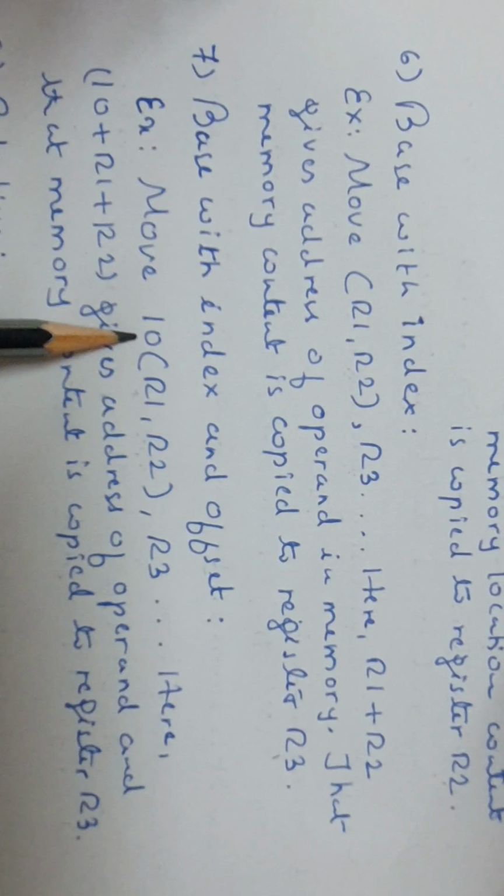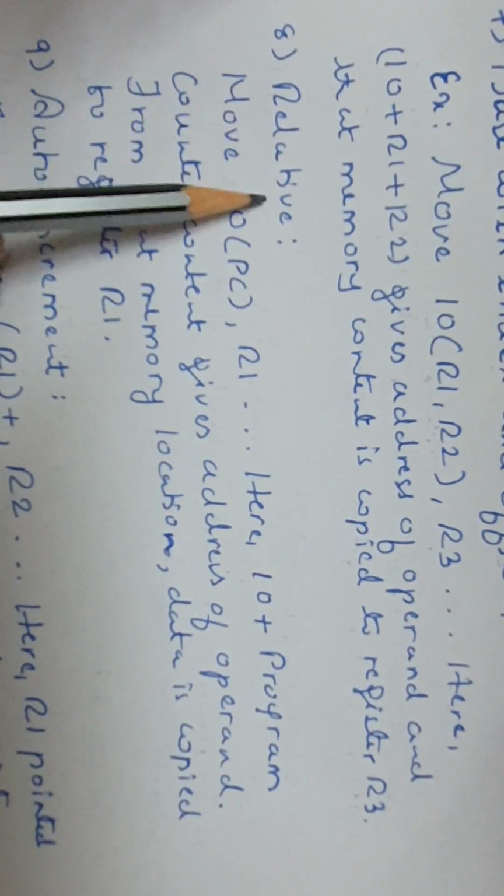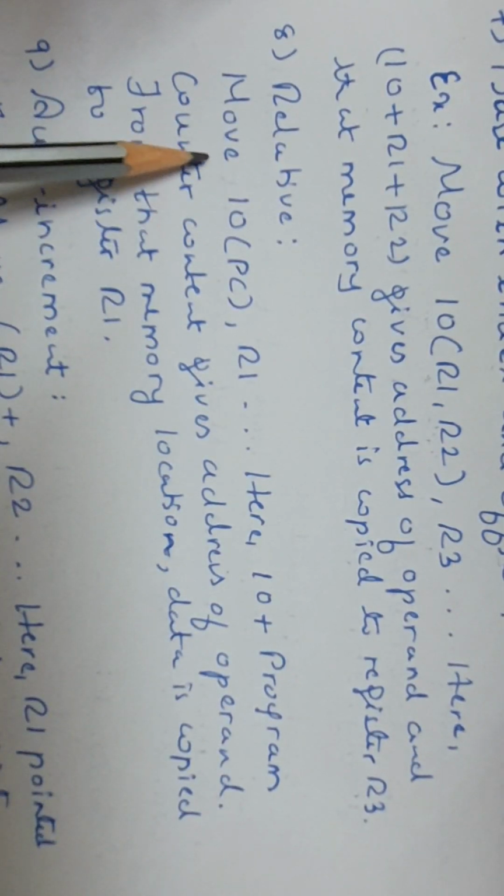So 3010. So the memory location whose address is 3010, from that memory location whatever is there, that is copied to R3. Here 10 plus R1 plus R2 gives the address of operand, and that memory content is copied to register R3.